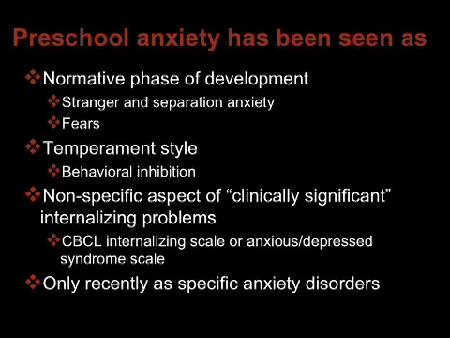Then anxiety has also been looked at as a temperament style, and there's been a lot of work in the area of behavioral inhibition, and I'll give some details about that. Now, in the last few decades, people have thought about clinically significant anxiety, but it's been more symptoms here and there. Very few people have looked at anxiety disorders as they are defined at other ages.